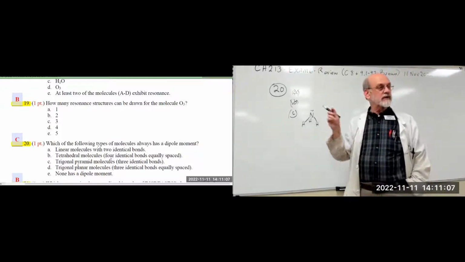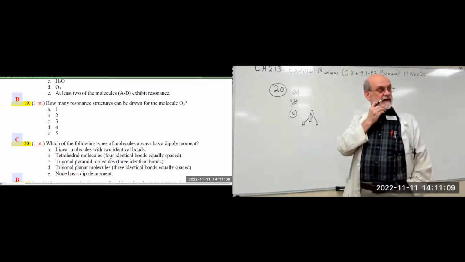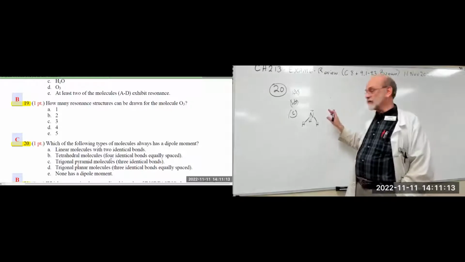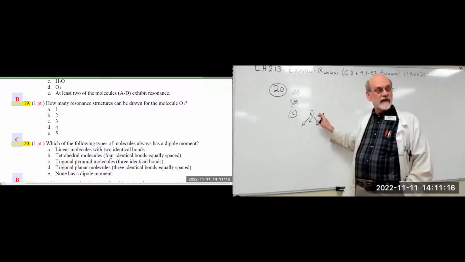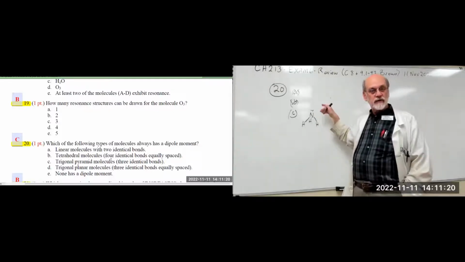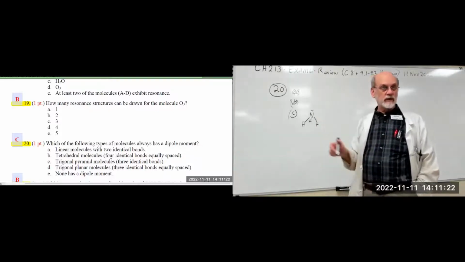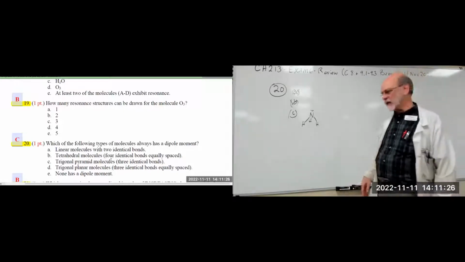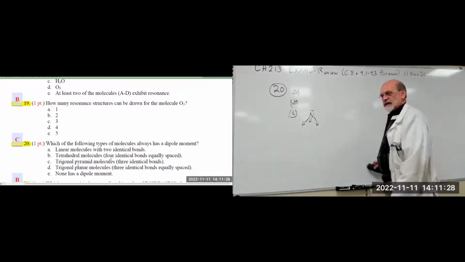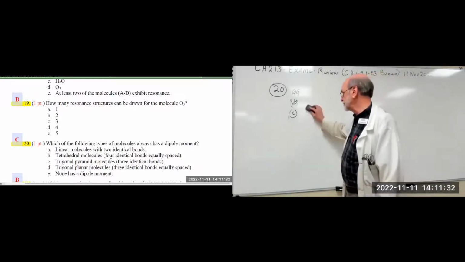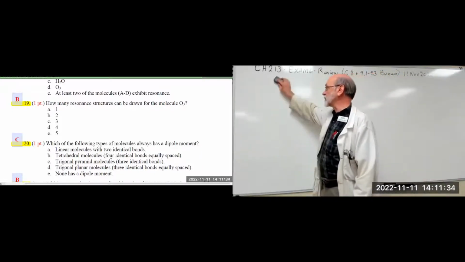You don't get a regular shape of a trigonal pyramid out of an electronic structure. This is derived from a tetrahedral, and the only reason it's trigonal pyramid is because you got that lone pair there. So this one is always polar. Well, it always has a dipole moment, let's put it that way. Depends on how big that dipole is as to whether it's polar or not. All right, so we found the answer.